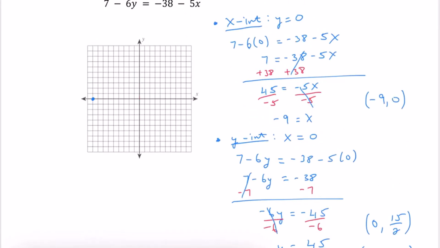So the x value is 0, so we don't move on the x-axis. The y value is 7.5, so move up 7.5. So our point is right here. Connect the dots to make a line. So that's our line.